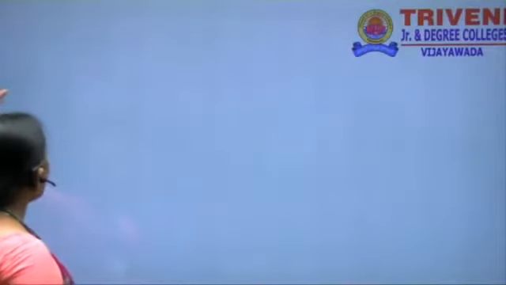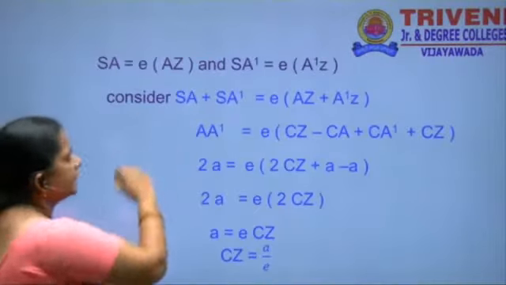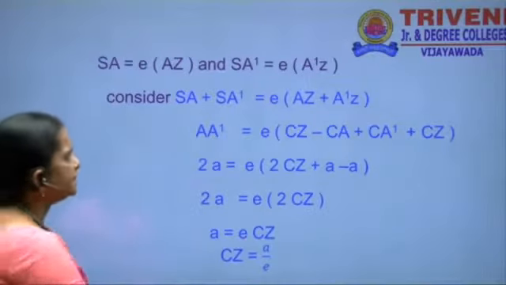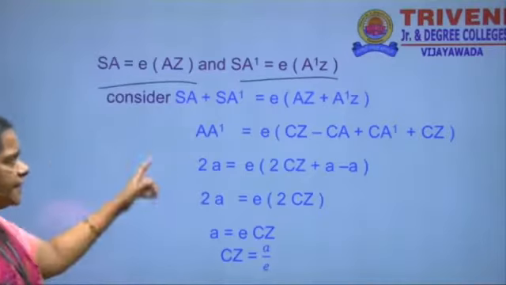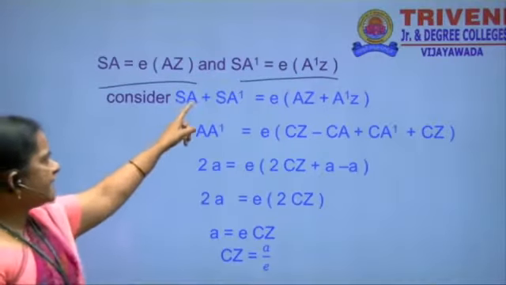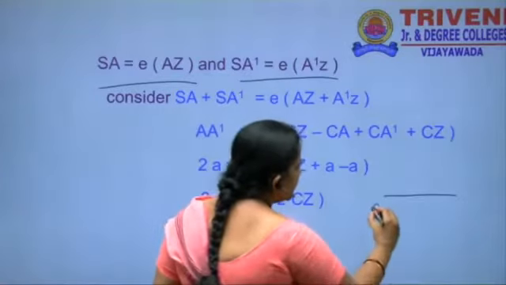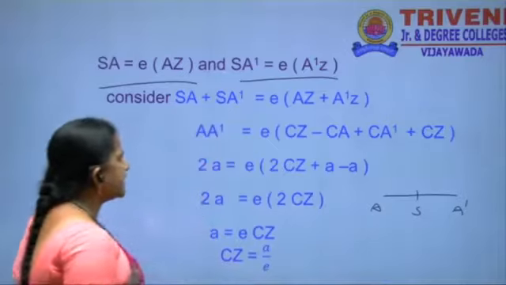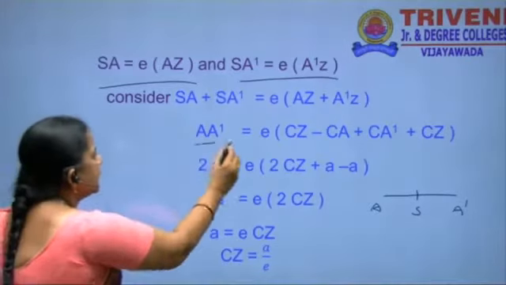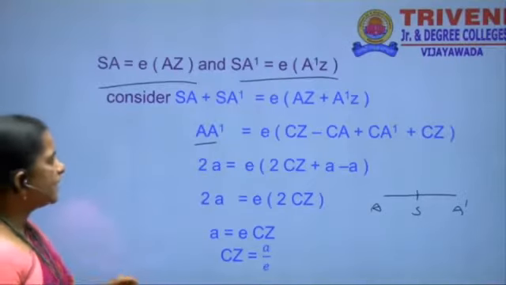We have to add these two. SA is equal to E into AZ, SA dash is equal to E into A dash Z. Adding these two equations, SA plus SA dash is nothing but AA dash. Already you know the value of AA dash is 2a.